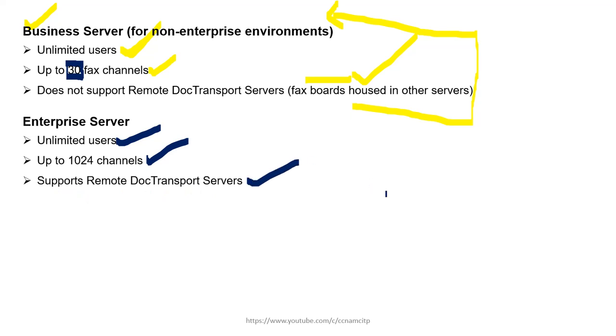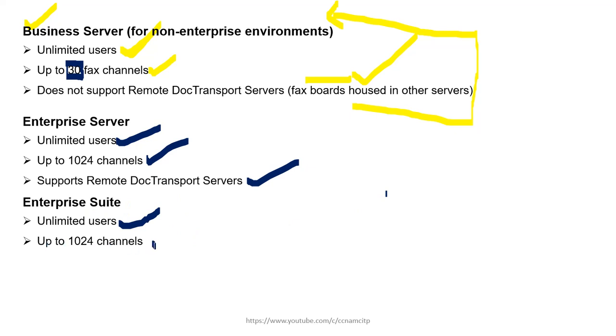So I hope now you have a very clear idea about what is business server and what is enterprise server. So the next one, the third, is enterprise suite. Okay, so again guys, here you have unlimited users and you can create up to 1024 channels.